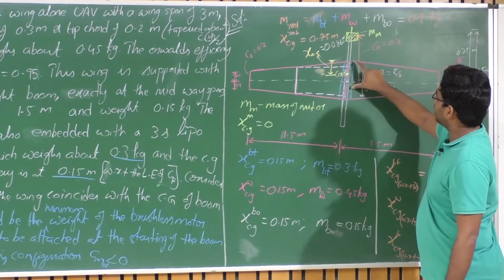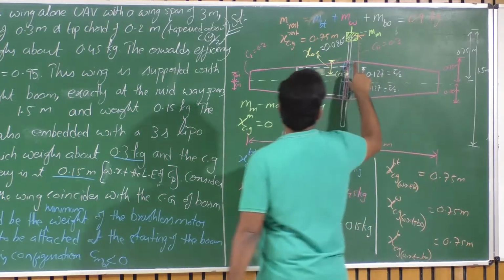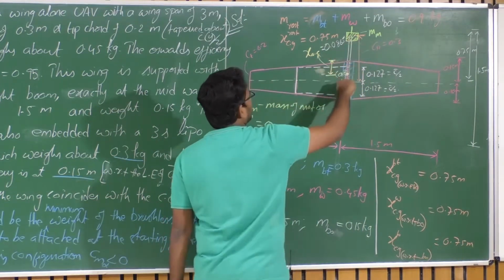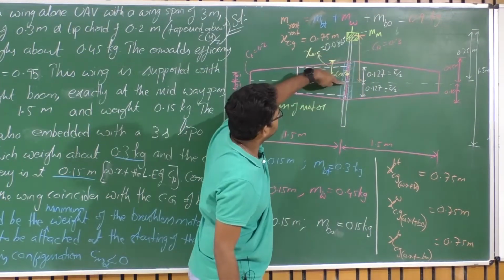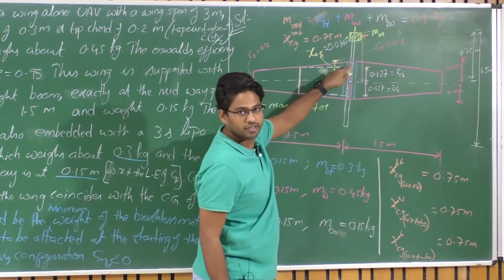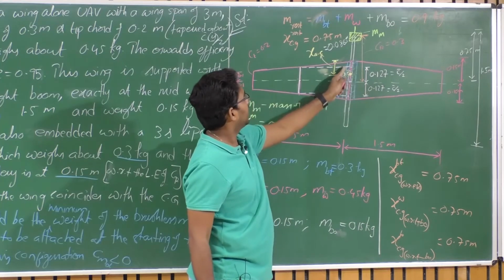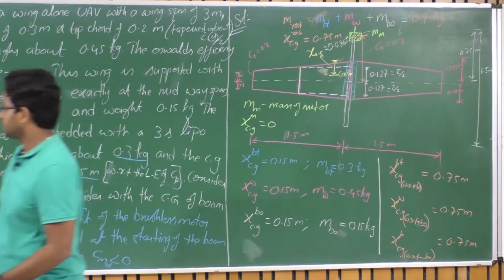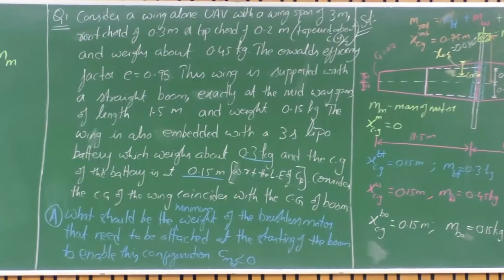I know CR by 2, and I know the boom length up to here is 0.75 meters. I can subtract CR by 2 from here, plus the corresponding XAC. Am I correct or not?